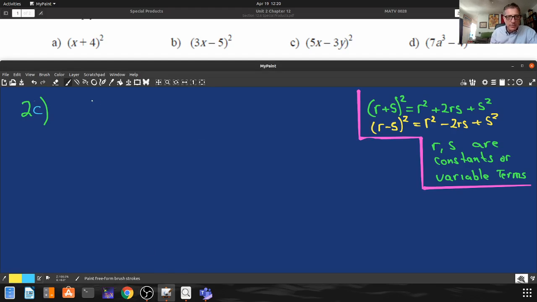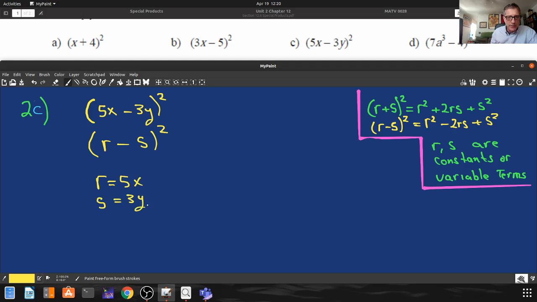So C is, we have 5x minus 3y squared. So let's compare it to r minus s squared. In this case, r is equal to 5x. s is equal to 3y. So this is equal to r squared minus 2rs plus s squared.